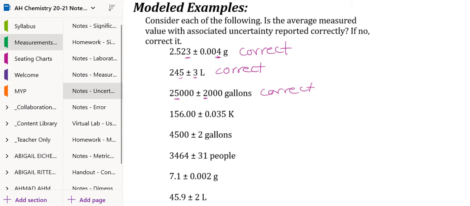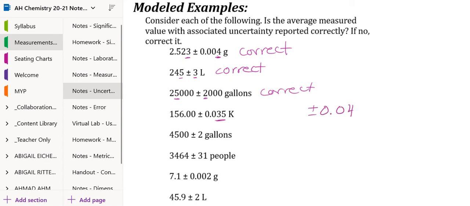Okay, what about the next one? Is my uncertainty only one digit? No, it's got 2 digits. So what do I need to do? I need to round it to 0.04.